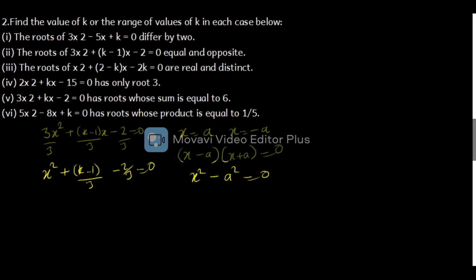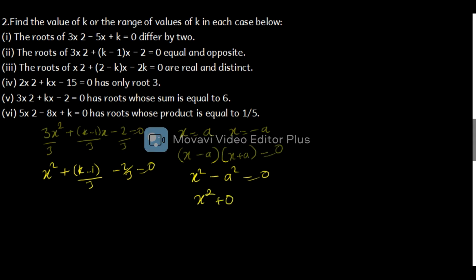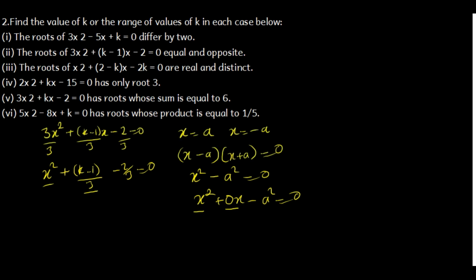So at this point, what we are saying is, okay, we have got this quadratic expression. We don't have x, we only have x squared and a constant. So that means it is x squared plus 0x and then minus a squared being equal to 0. So this portion is going to be equal to this, and then this is going to be equal to this, and then this is going to be equal to this.